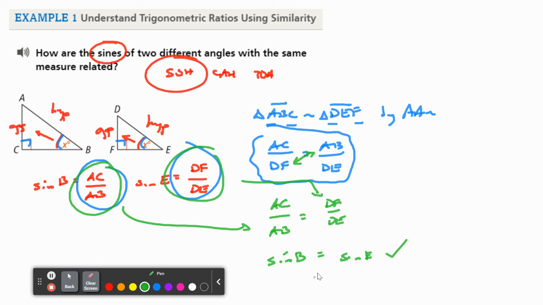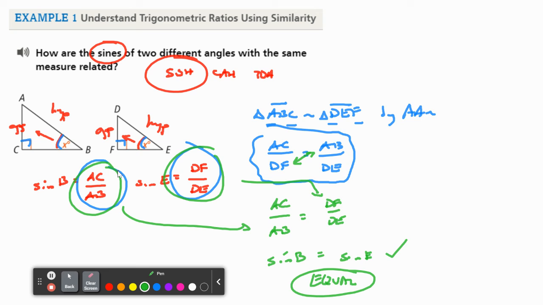This is the idea behind similarity and being proportional. Because those side lengths are proportional, these angles will have the same sine value no matter what triangle they're in, because whatever the opposite is, the hypotenuse will be in that same proportion based off that sine ratio. So this is powerful stuff, and very applicable.